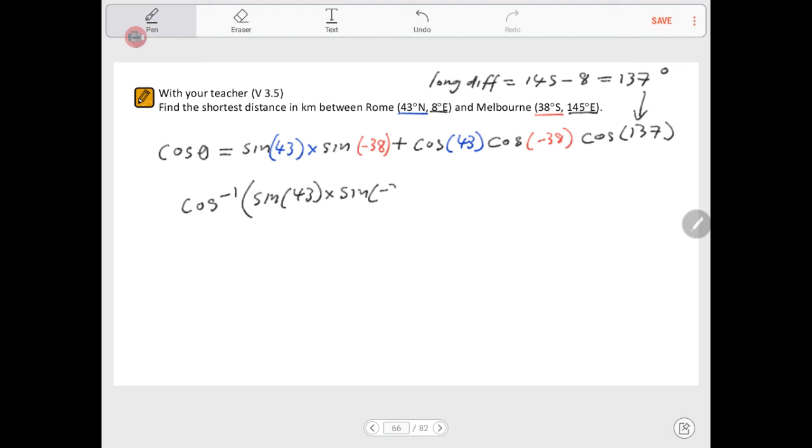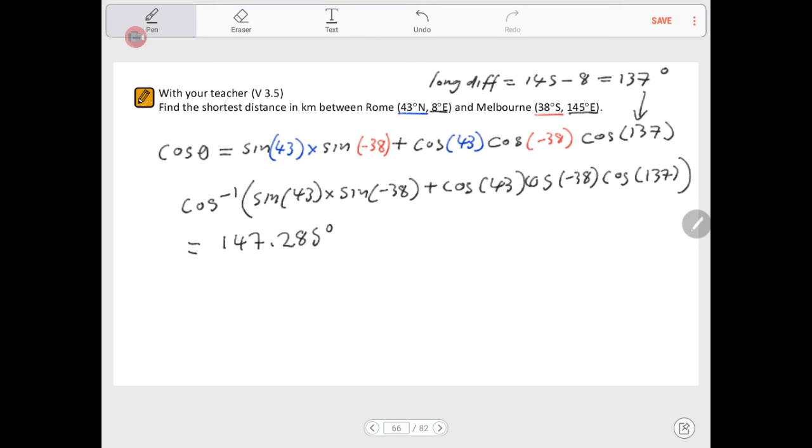You're just going to have to practice and try and get the same answer as what I get here. So you're going to type all this stuff, starting with inverse cosine and then sine 43 times sine negative 38, and so forth. Close that bracket at the end. Now what you should get is 147.285 degrees.